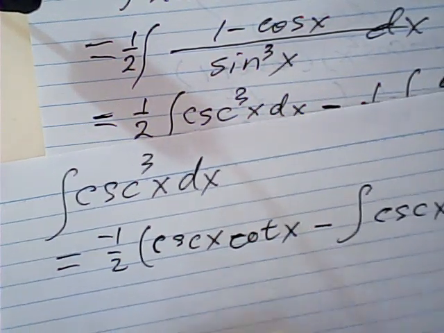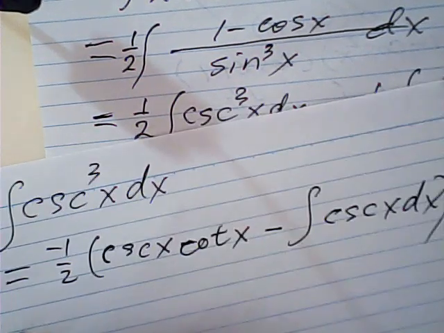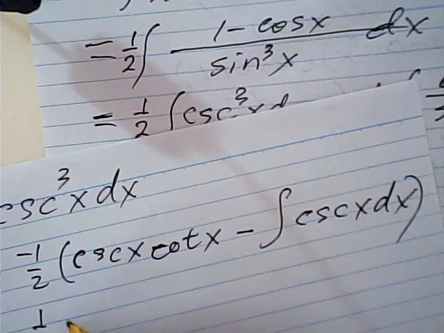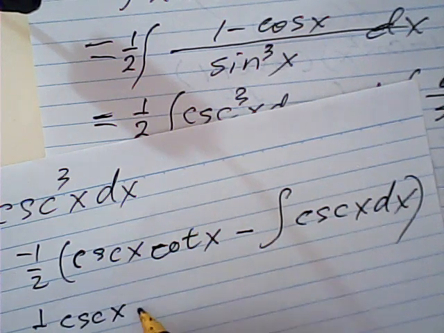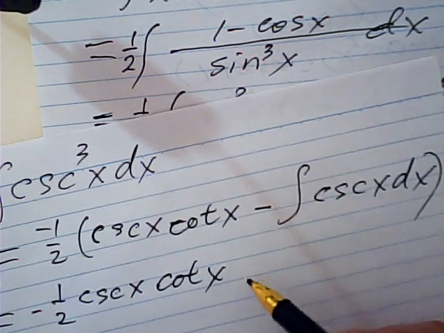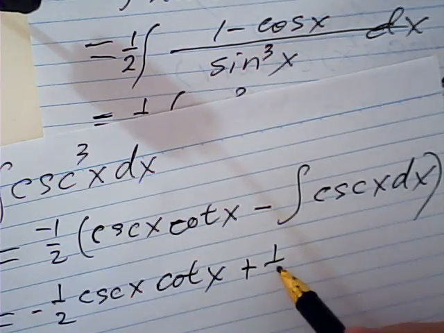All right, I just consider this as a basic formula. This is negative 1/2 cosecant x cotangent x plus 1/2 the integral of cosecant x.